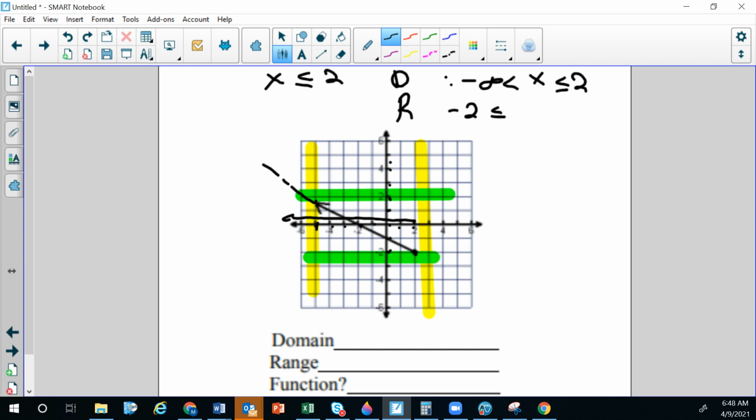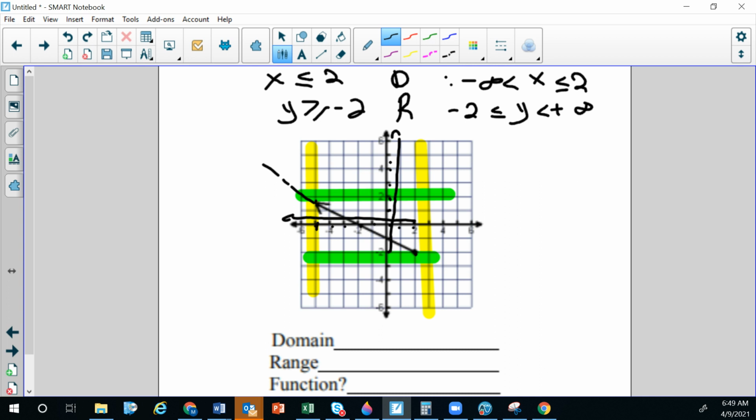So I'm going to have a positive infinity right here, and I can use a less than and put my y value there. Another way I could write this, because all the y values start at -2 and go all the way up and don't stop there, all the y values are greater than -2. So I can write this as y is greater than or equal to -2. That's another way of writing it.